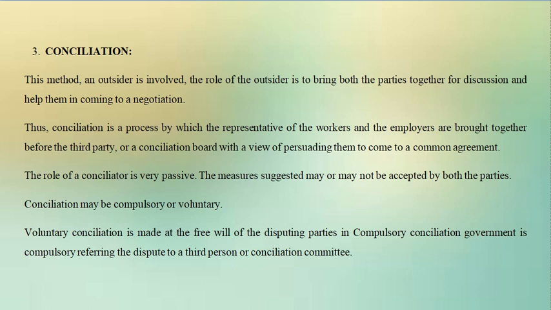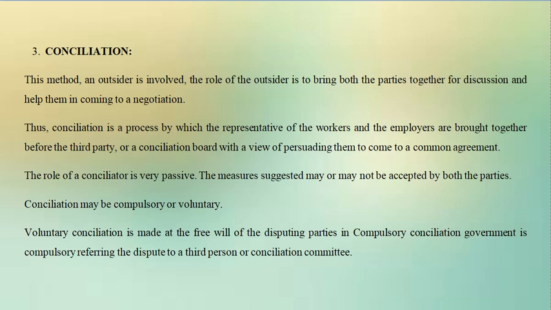Both the parties express their concerns, and conciliation is actually just giving advice on how things could be. A conciliator is very passive. He tries to make these two parties come to an agreement.